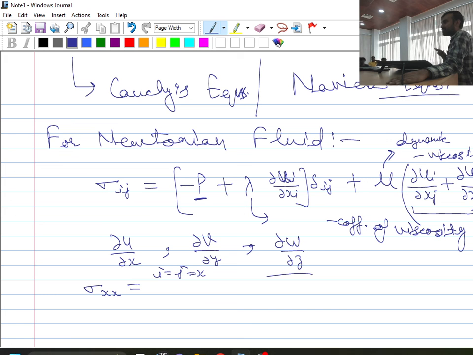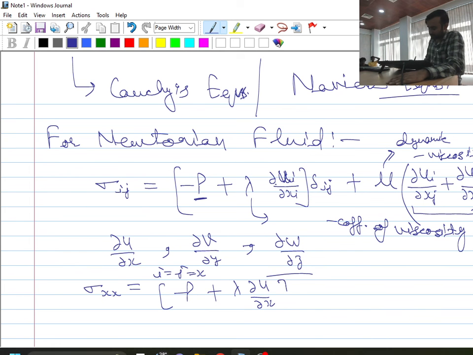So this sigma xx will become minus p plus lambda times del u by del x, into delta ij.